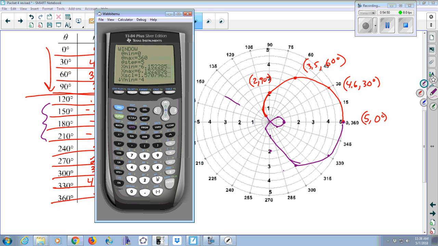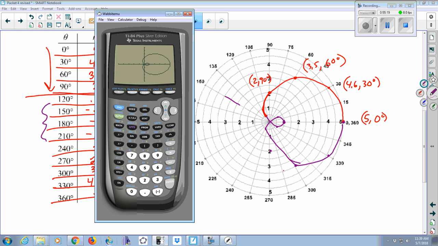Otherwise, it will take all year to draw it. If you have steps much smaller than 5, it'd be smoother, but it would take longer. X min, I'm going to write -5. X max, +5. Your X scale, you can do 1. Your Y min, -5. Your Y max, 5. And then you hit your graph, and lo and behold, there you go. Isn't that cool?